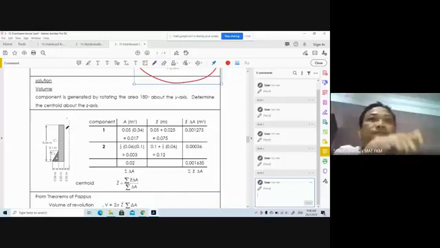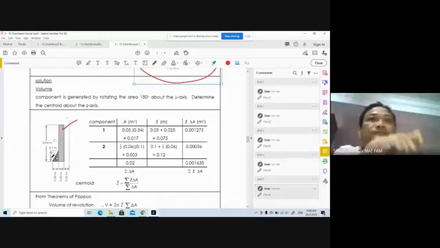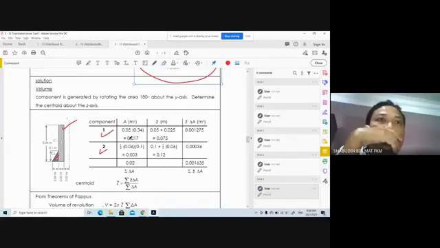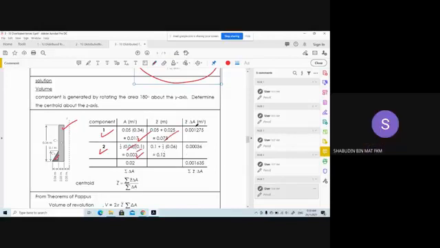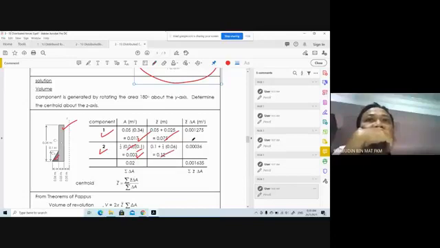This is component 1. This is component 2. So the A is no issue. It's so simple. For component 2 also there is no issue. It's just half height multiplied by Z bar, and the X bar.